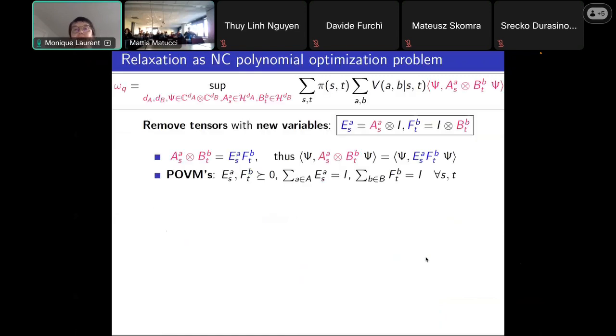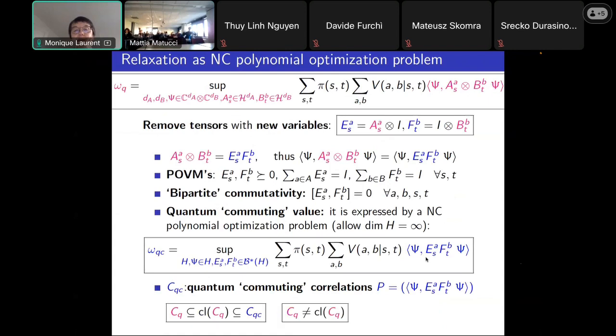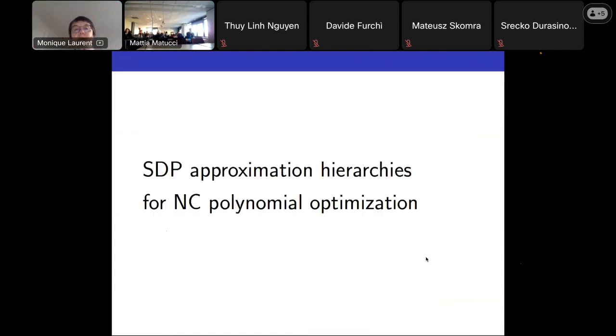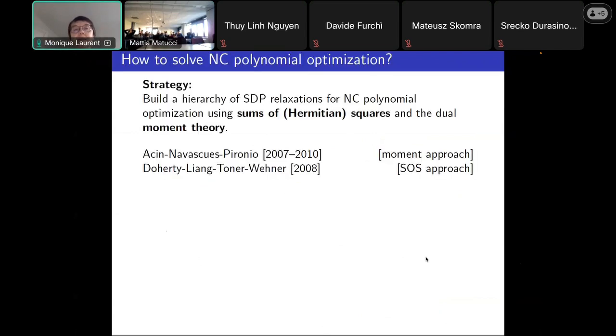So I go back to how to approximate non-commutative polynomial optimization. The strategy is going to be, just as in the classical case, to build SDP relaxations using sums of Hermitian squares and the dual theory of moments.